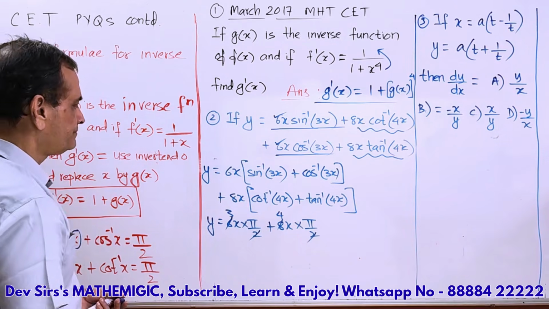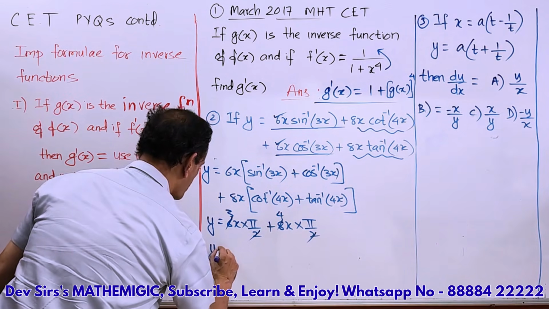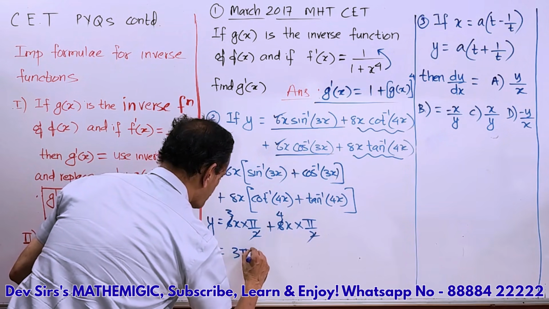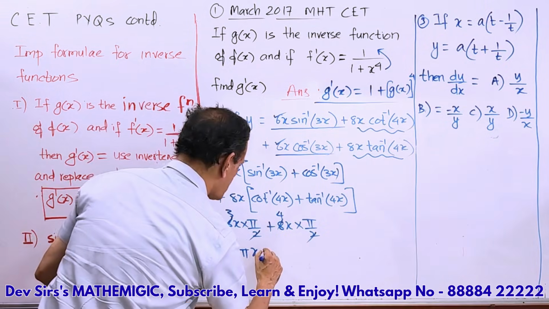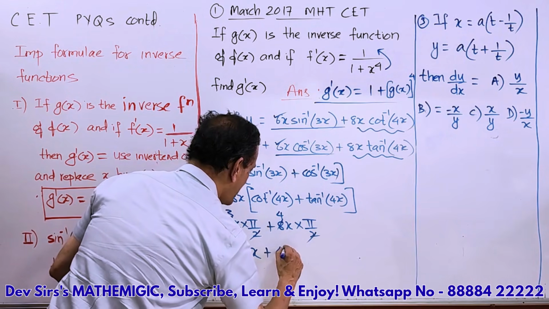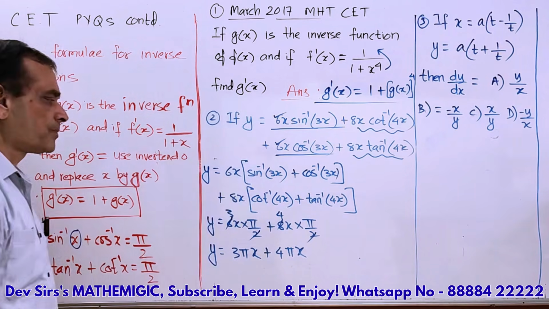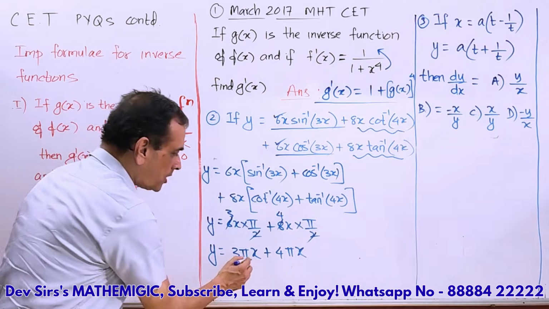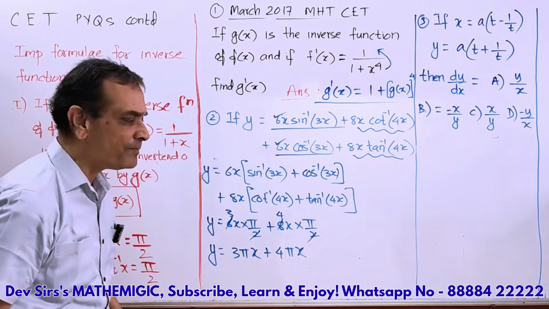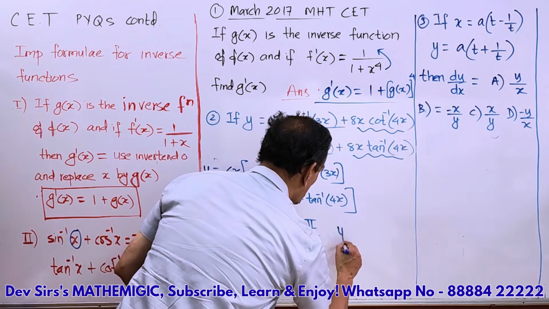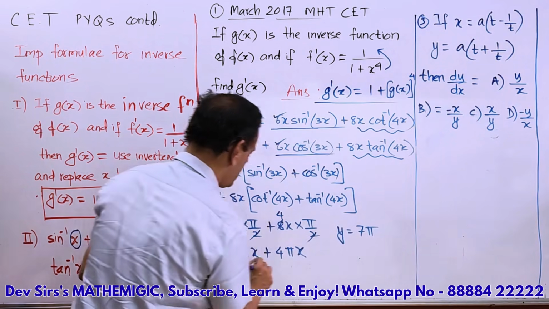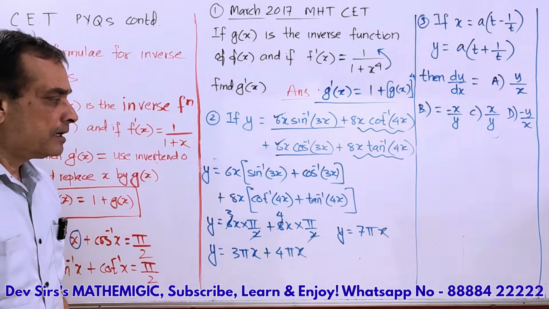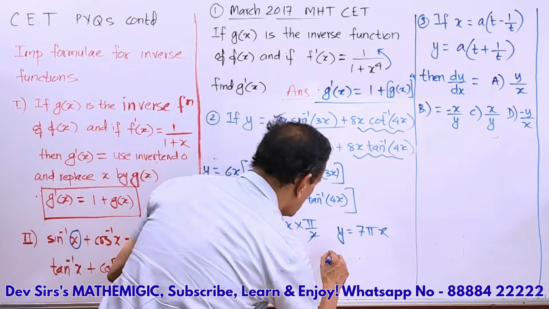So what remains now? 3 pi x plus 4 pi x. 3 pi x plus 4 pi x कितना है? x को कॉमन अगर निकालो तो 3 pi plus 4 pi is 7 pi. So you get y is equal to 7 pi x. 3 plus 4 is 7. It becomes so simple. Now differentiate with respect to x.